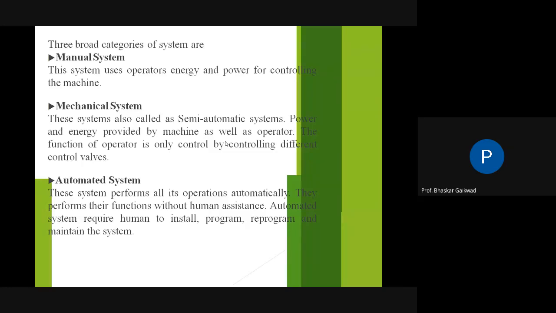For example, the lead screw of a lathe machine, and if we move the carriage with the help of a lever, it comes under the mechanical system. In the automatic system, only loading and unloading is done by a man. Other things are done automatically by the machine. So these are the three categories of man-machine system.